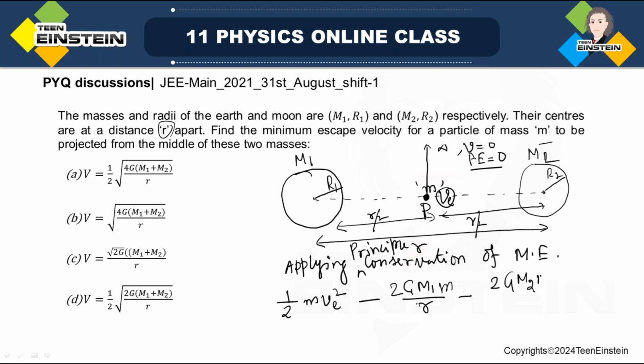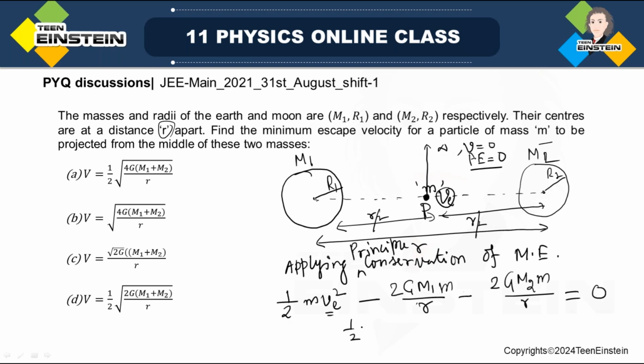Okay, so Gm2 small m by r by 2, that 2 has gone here, and this will be the initial total energy at this point P. And what is the final energy? That is zero. Total final energy will be zero, right? So look, I have to find out VE.